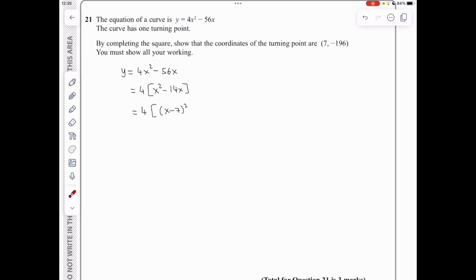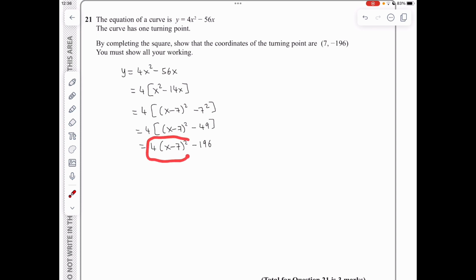Remember, it's always half the coefficient of x, so half of negative 14 is negative 7, and then minus 7 squared, which leads to 4 brackets x minus 7 squared minus 49, which leads to 4 brackets x minus 7 squared minus 196.